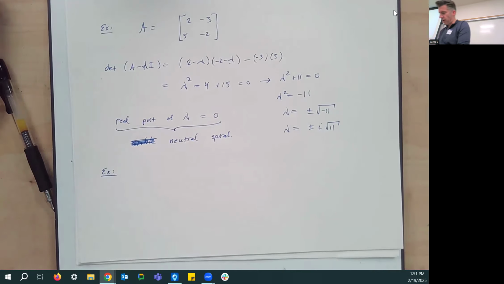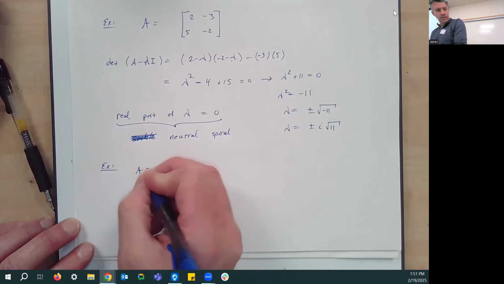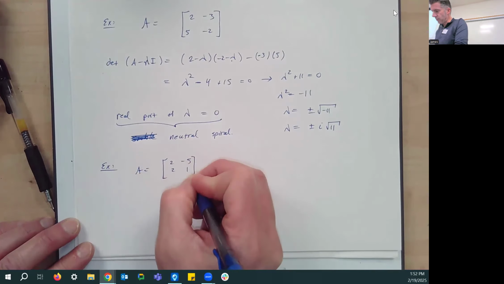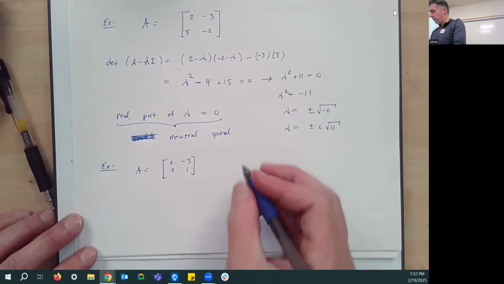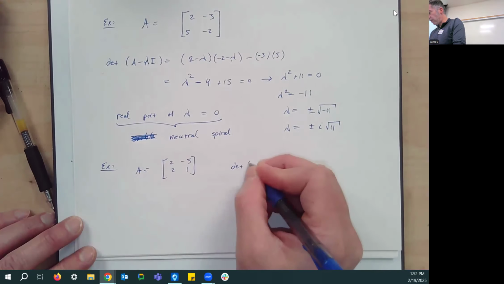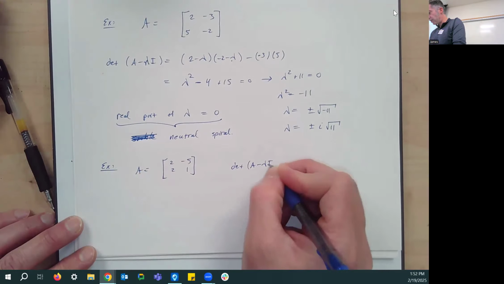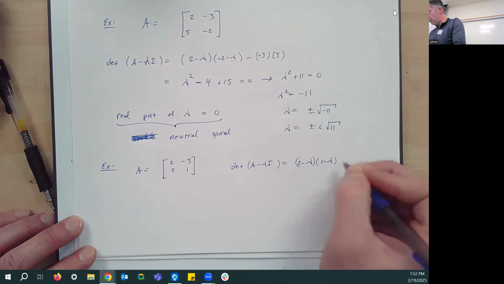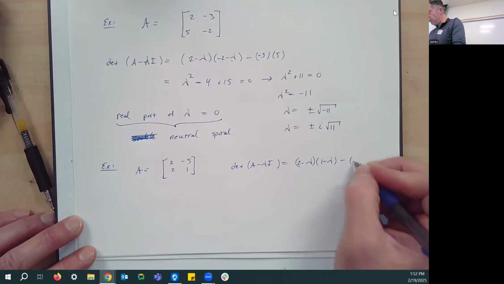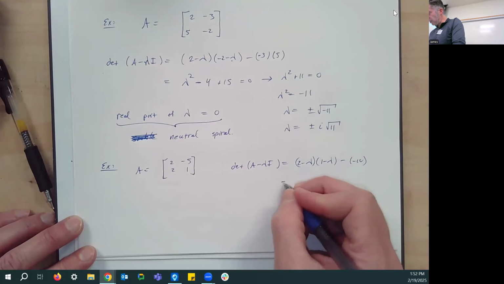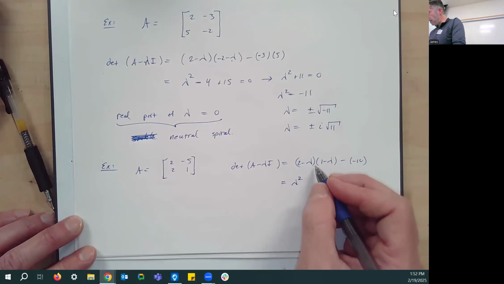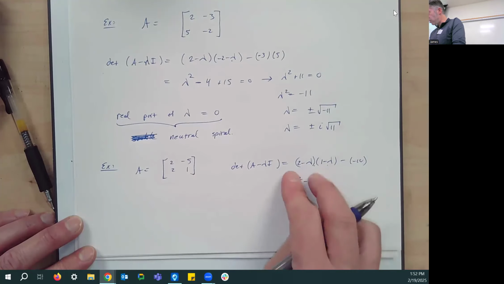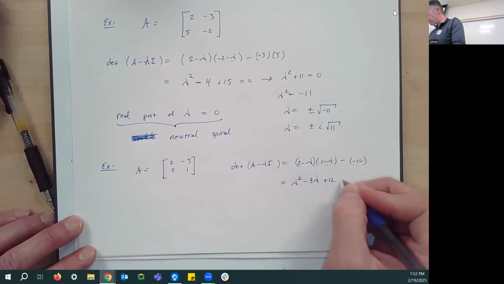Let's look at, say, the following. Our matrix is 2, -5, 2, 1. We'll find the eigenvalues quickly here. Determinant of A minus lambda I is going to be 2 minus lambda times 1 minus lambda minus -10. That's going to be lambda squared minus 3 lambda plus 2 plus 10, which is plus 12.